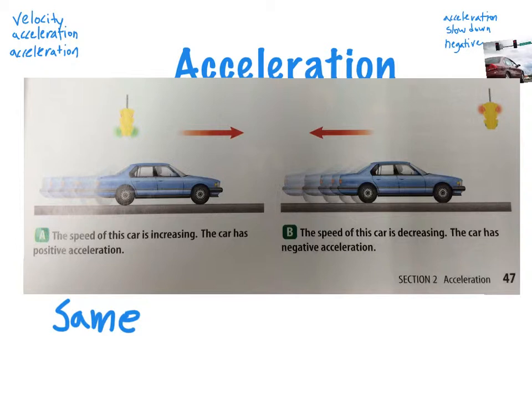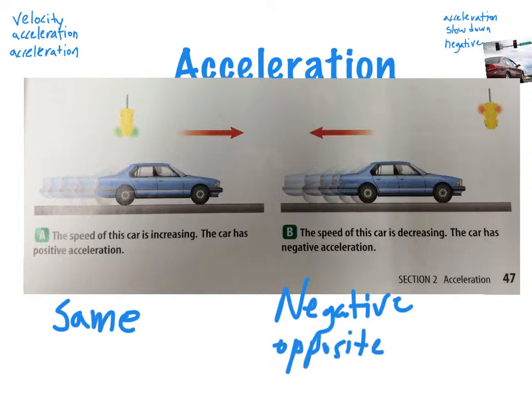Now letter D says negative acceleration is when acceleration is in the opposite direction of velocity. So if you look here, the car is moving this way, but the acceleration is going back that way, so it's slowing down.